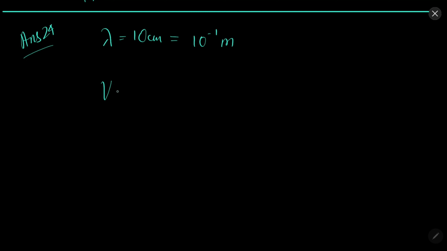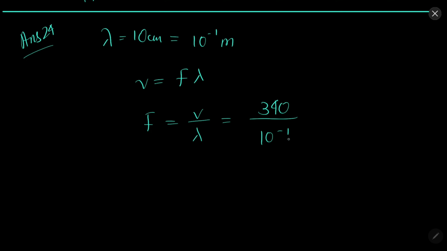So ultimately v equal to n lambda, or let's write it like this: velocity equal to frequency into wavelength. So frequency will be velocity over wavelength, 340 over 10 to the power minus 1, which will be 3.4 kilohertz.